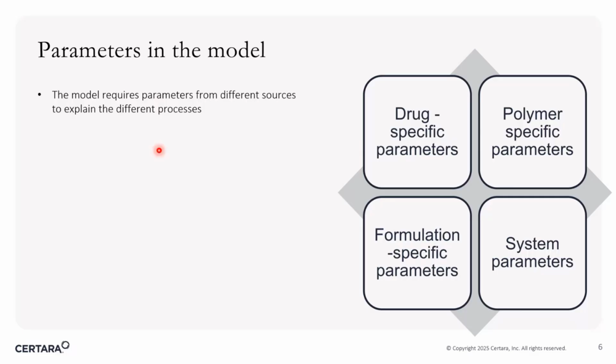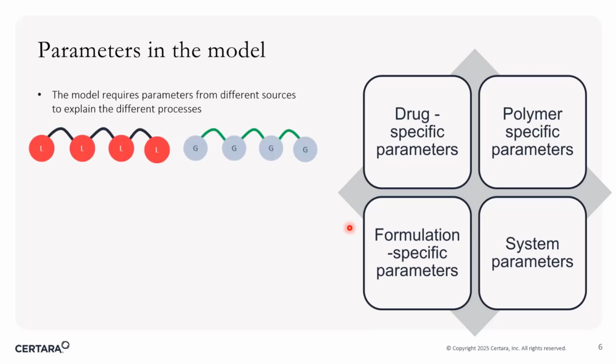So in order to parameterize this mechanistic model, we would require different parameters that are coming from different sources. We can broadly classify them into 4 different categories. They are drug-specific parameters, polymer-specific parameters, formulation-specific parameters, and system-specific parameters. Also in the model, we assume linear lactate-lactate bonds and glycolide bonds.